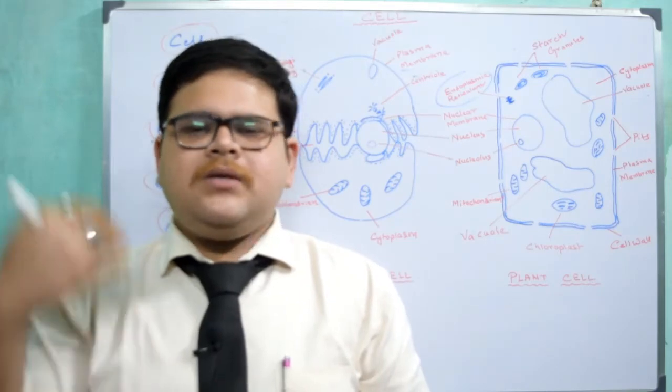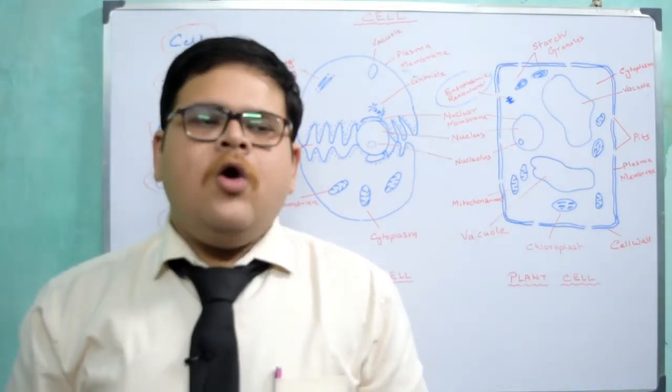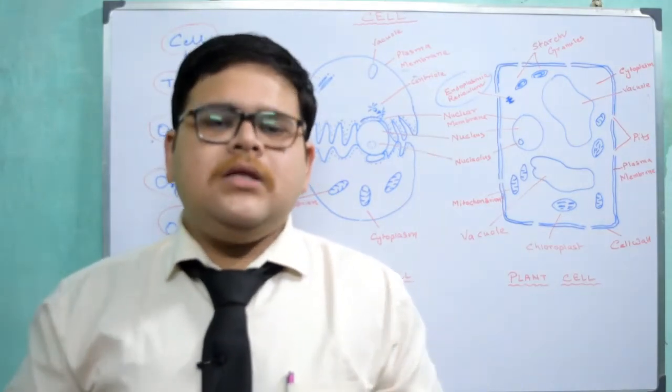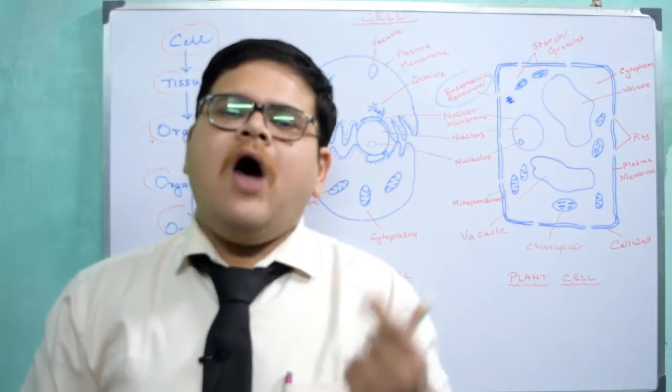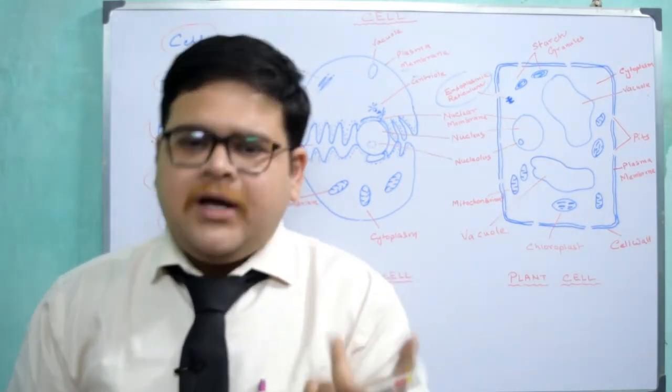Our face consists of millions and millions of cells. One cubic centimeter contains around 2 to 3 million cells, so you can imagine how small they are. They are only visible under compound microscopes.